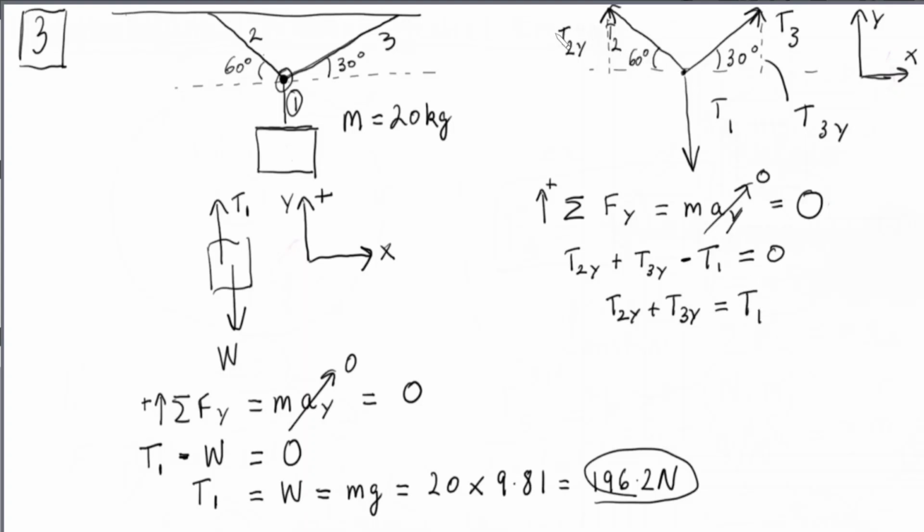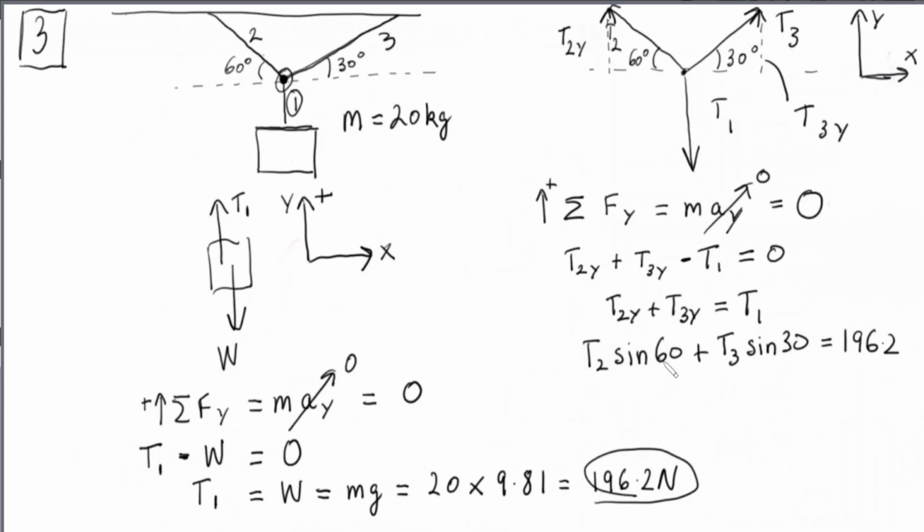And we know that the resolutes of T2 and T3 in the y direction are going to be T2 sine 60 plus T3 sine 30 to give us 196.2.